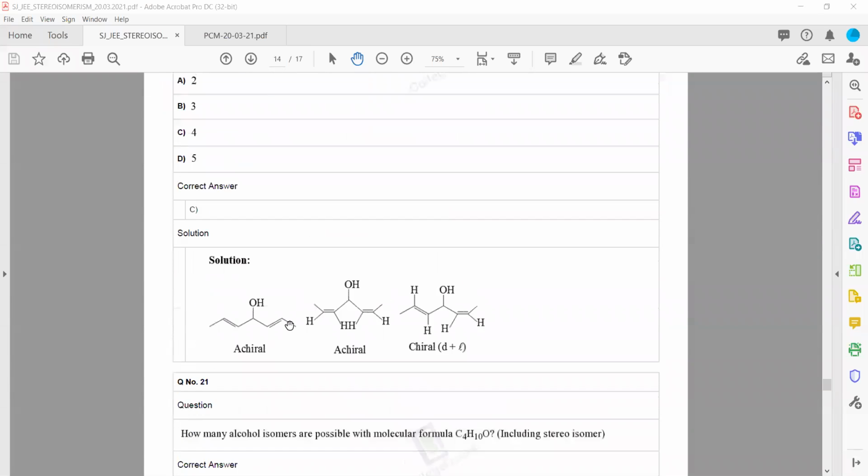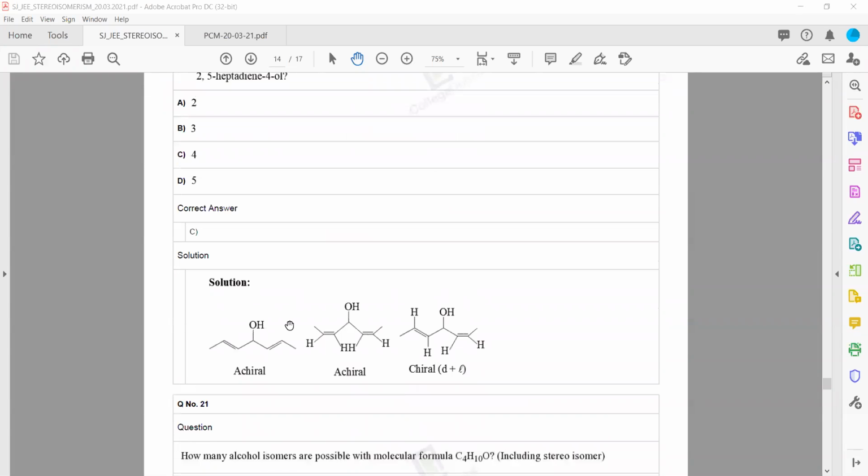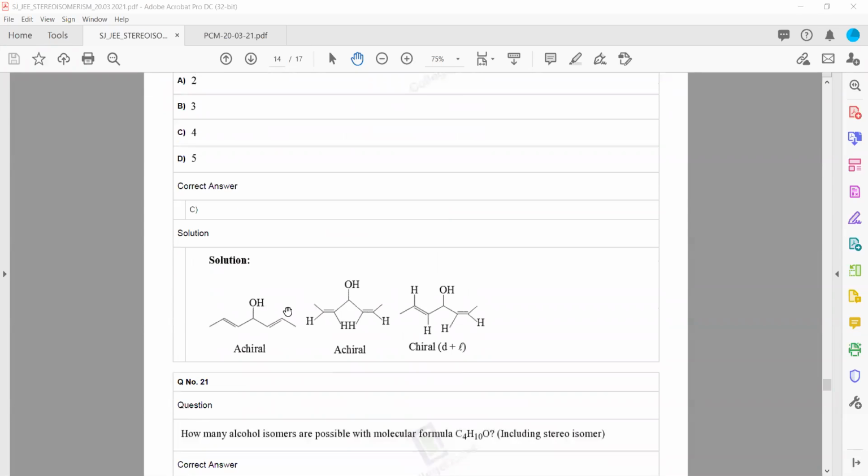Next. How many alcohol isomers are possible with molecular formula C4H10O, including stereoisomers specifically given? So we know that for alcohol, if I separate the OH, how many constitutional isomers do I get? 4.